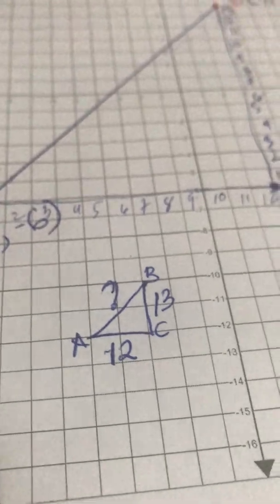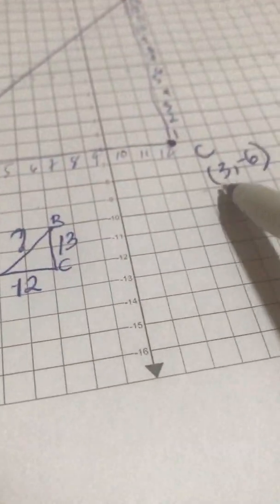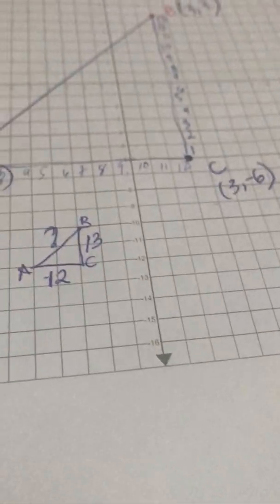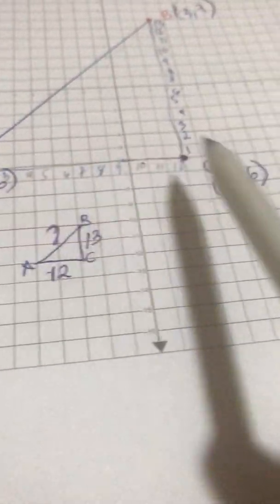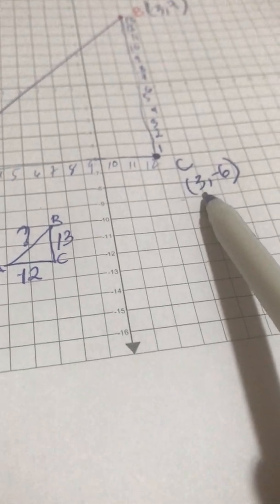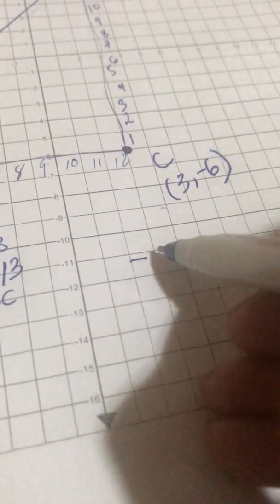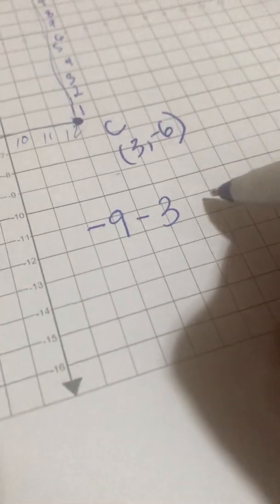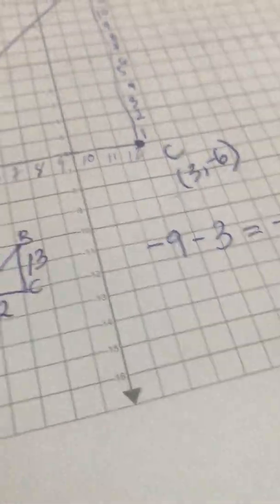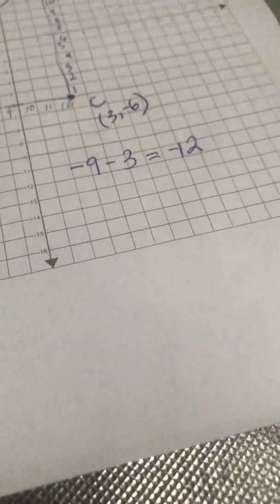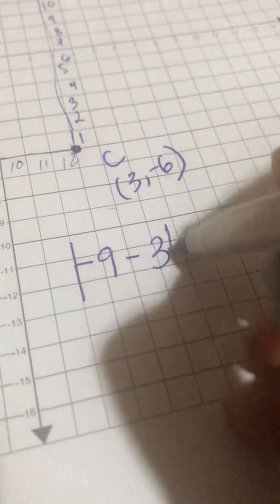Okay. Another way I can find 12 is I see -6 and -6 is the same. I don't need that. I'll only subtract -9 and 3. So -9 minus 3 should give me -12. I will use the positive number because distance will never be negative. Or I will say I will find the absolute value.